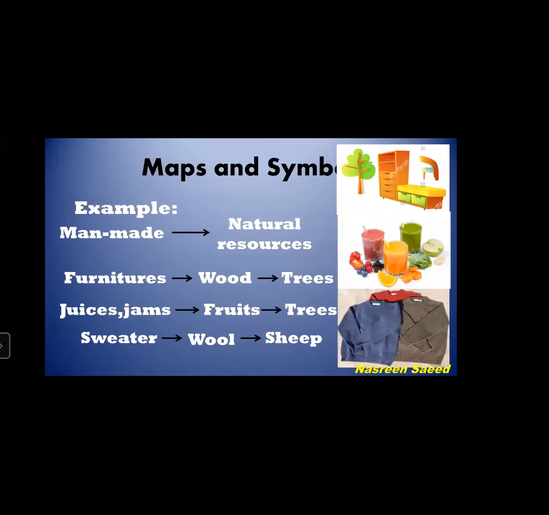So all the man-made objects require natural resources, so that we obtain the man-made things from there. Like when we make a house, we need the ground, we need water for mixing the sand. These are all natural resources. With the help of these only we get man-made things.